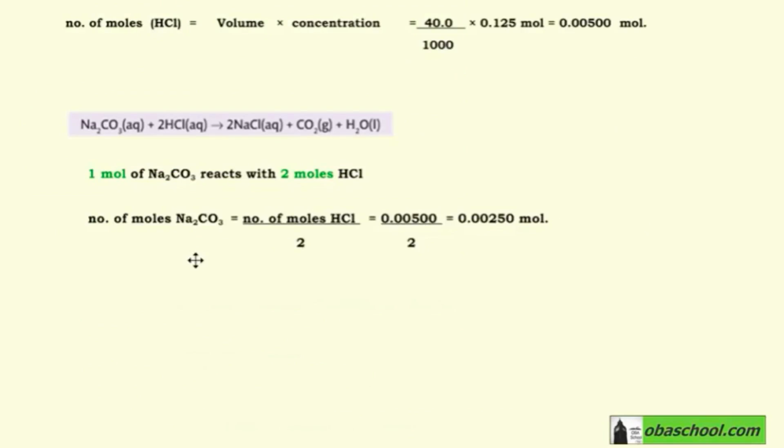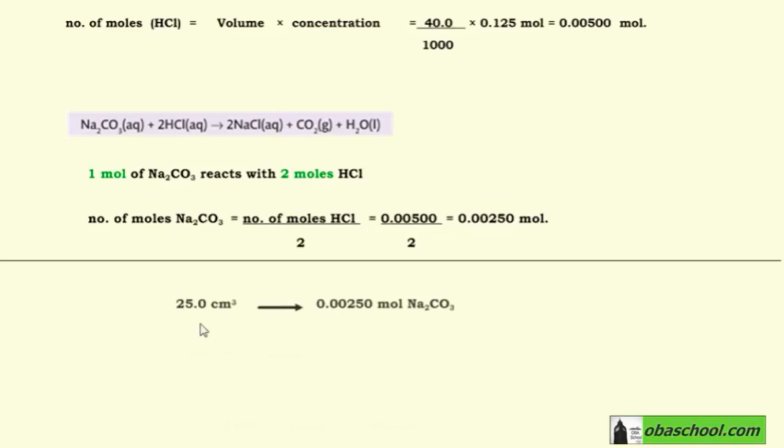So I will put that 25 centimeter cubed contains 0.00250 moles sodium carbonate. But I want in 1 decimeter cubed, meaning in 1,000 centimeter cubed. Why? Since 1,000 centimeter cubed equals 1 decimeter cubed.